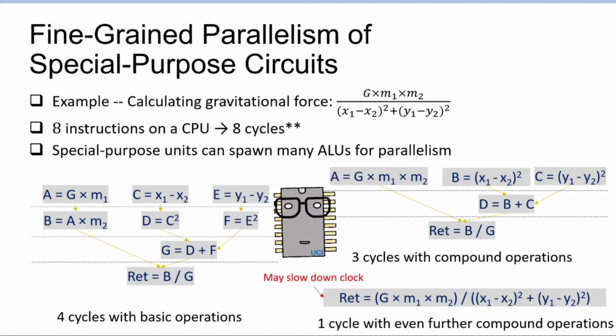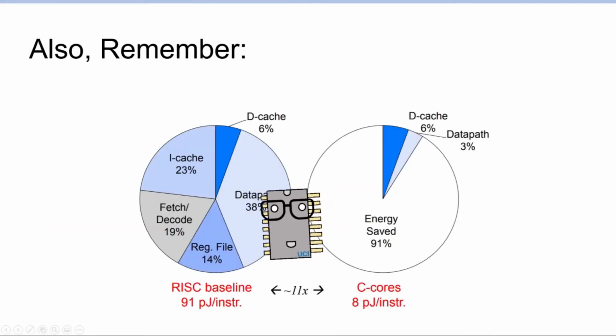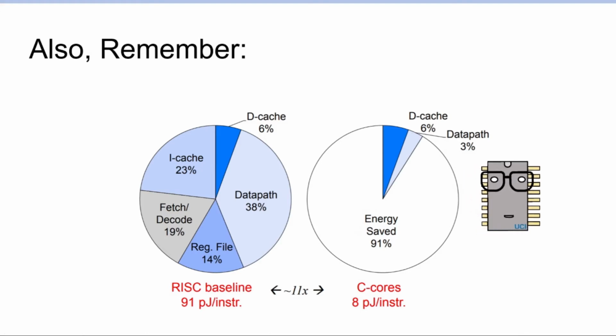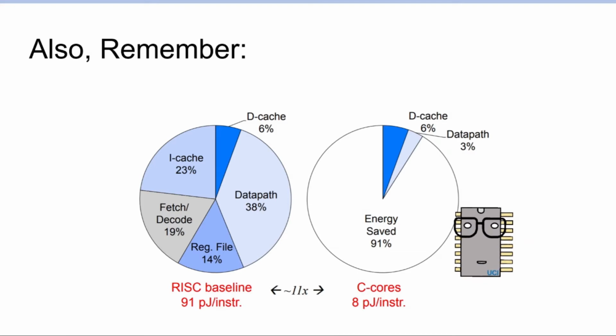And not only are we getting higher throughput per cycle, this approach is often much more efficient, because this chart shows power efficiency comparisons.